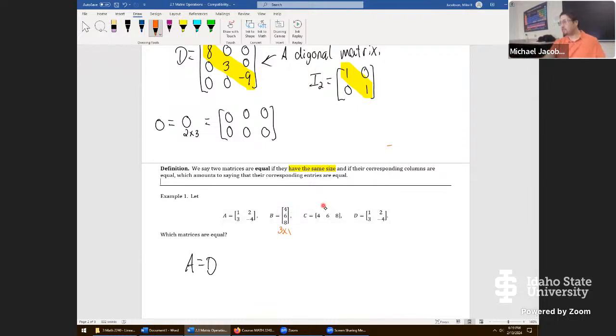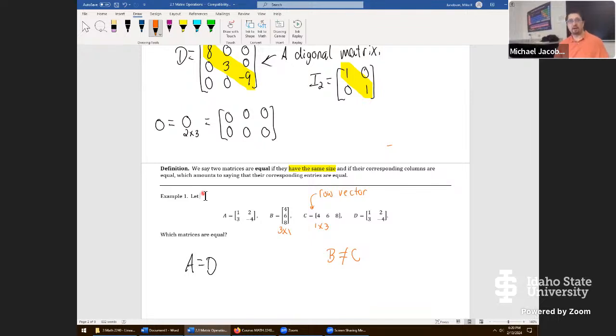This one we'll call a row vector. It feels equivalent in a certain sense, but algebraically, when we define our matrix operations, it is not equivalent. This one is of size 1 by 3. And so we'll say here, B is not equal to C. So which matrices are equal? Just A and D on the far outer ends. Any questions about that so far, folks?